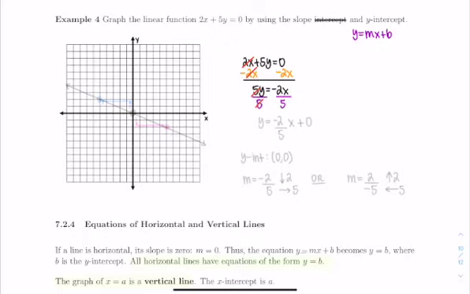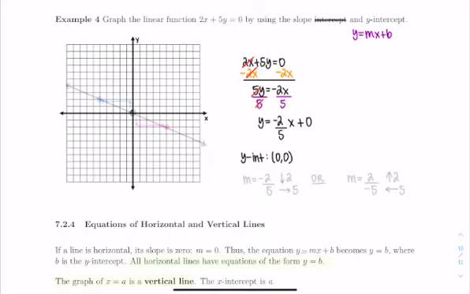And so we end up getting y equals -2/5 x. Now, what would be my y-intercept in this case? Well, there's nothing in that position, and so you can think of it as a 0. So your y-intercept is actually at the origin this time. It's at the point (0, 0).